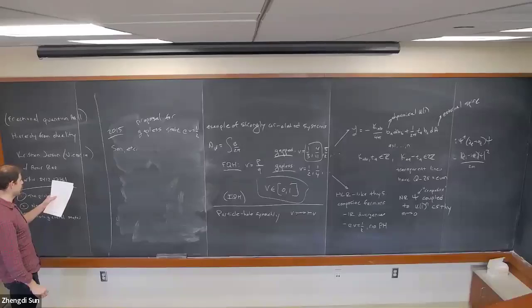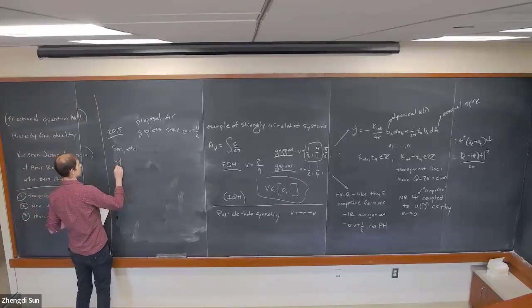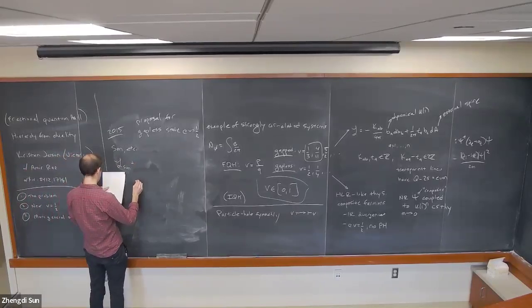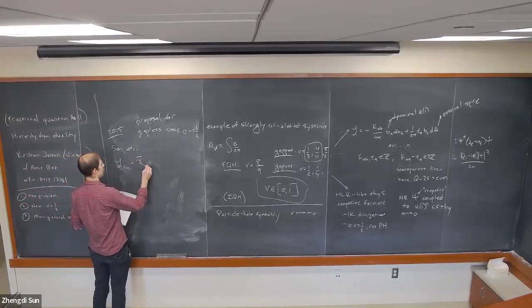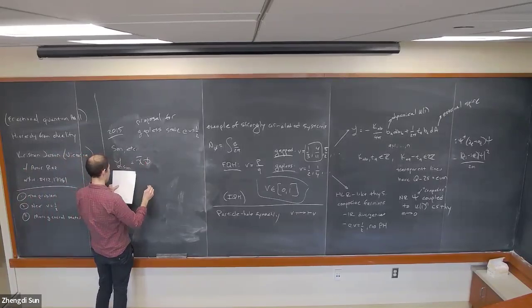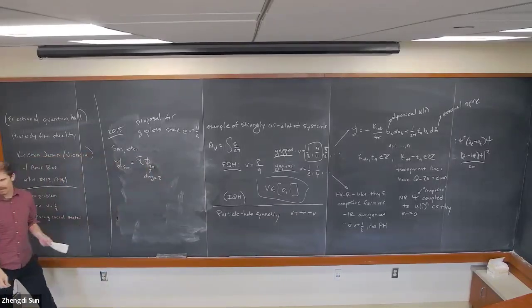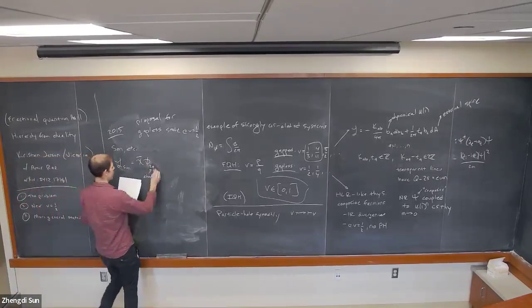And in this theory, in Son's model, one has a relativistic fermion called chi that has a coupling with charge 2 to a field a, little a.